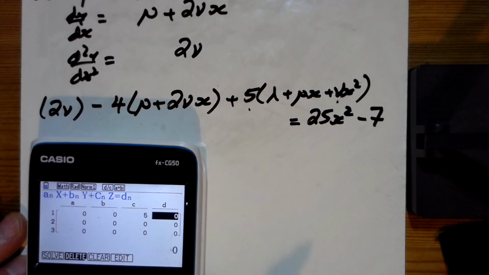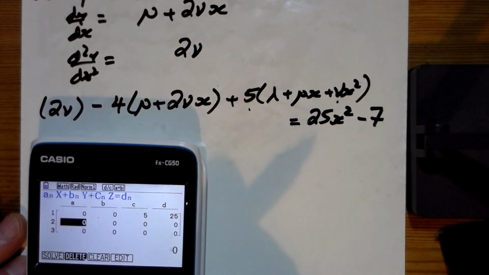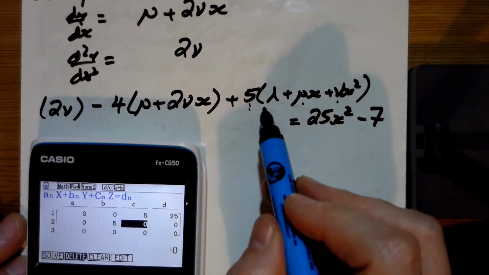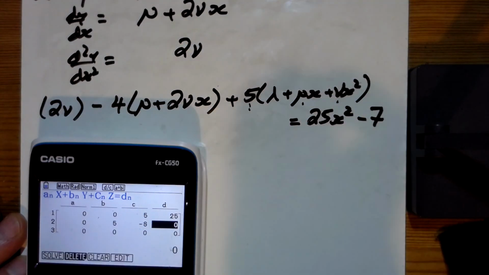So we've got 5 nu is 25. Then how many x's have we got? Well, we haven't got any lambdas next to the x's, have we? We have 5 mu next to the x's there. And the x's here, we've got minus 8 nu of them, and there are no x's on the end there.